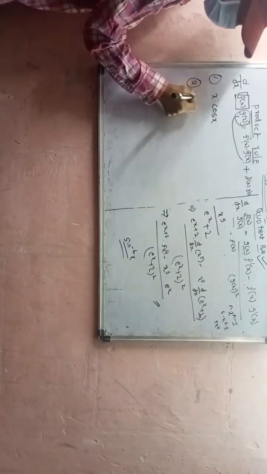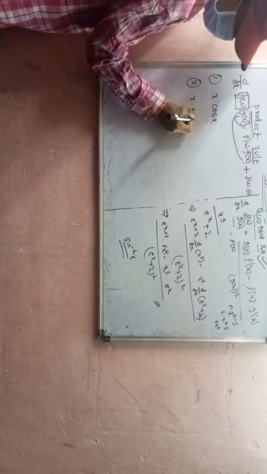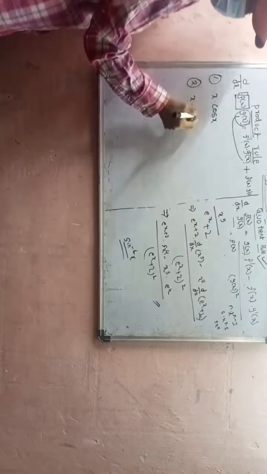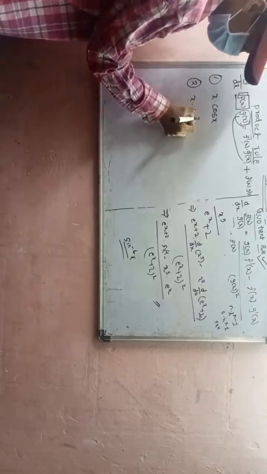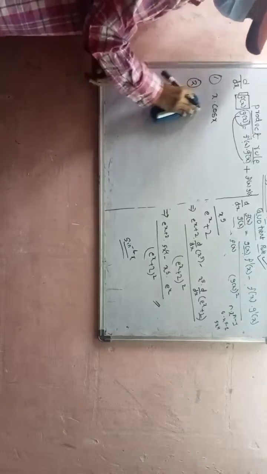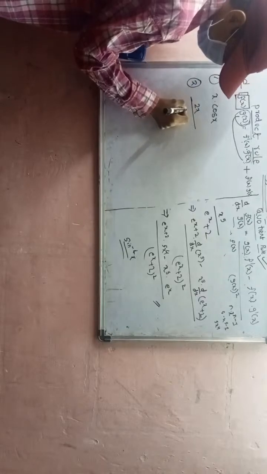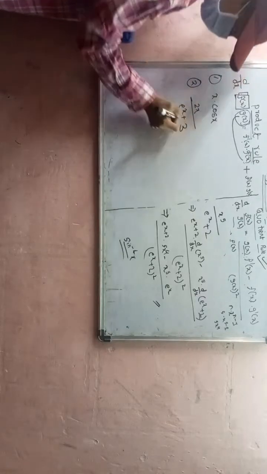Second one: x tan x, 2x by e power x plus 3.